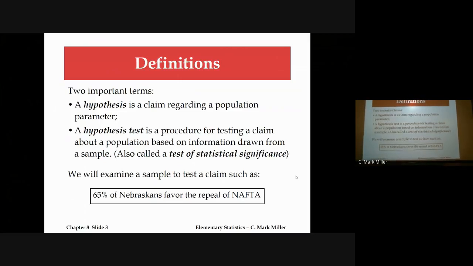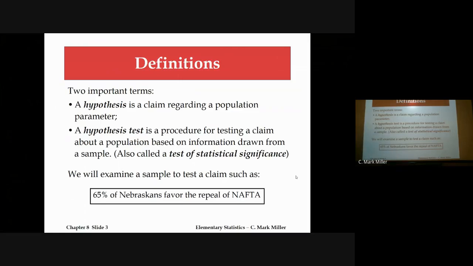Okay, but this is a claim about a population parameter. Population is Nebraskans. Parameter is P, the proportion. So this is saying that P equals 0.65. That's a claim about a parameter. P, the population proportion, equals 0.65.